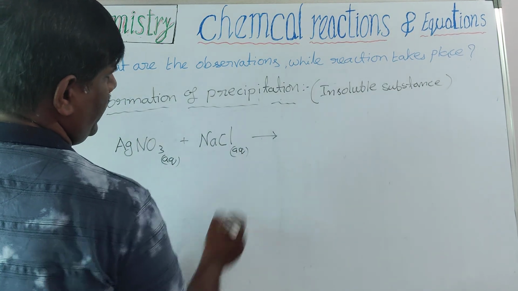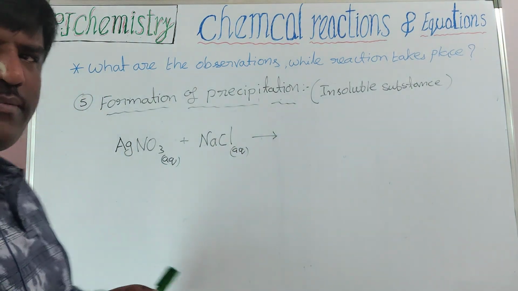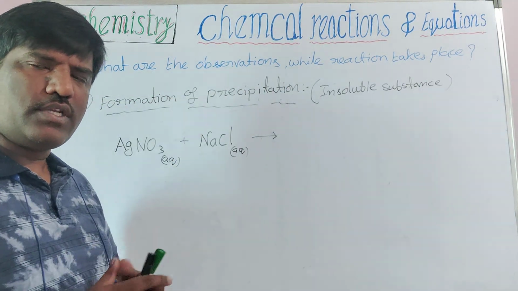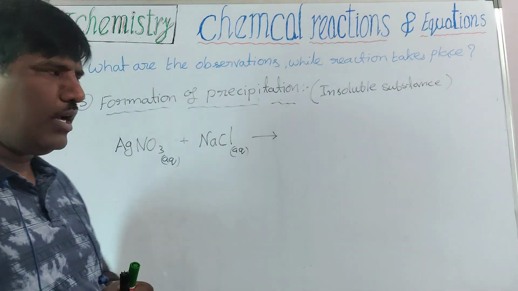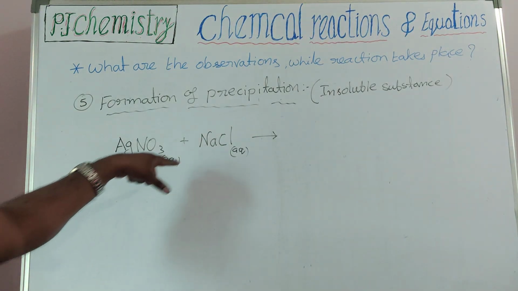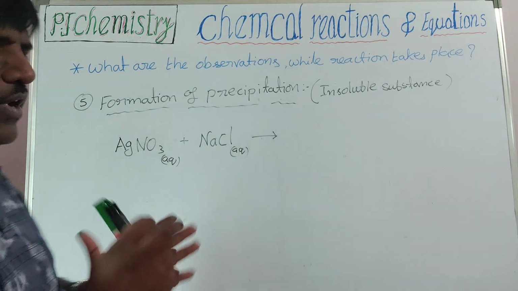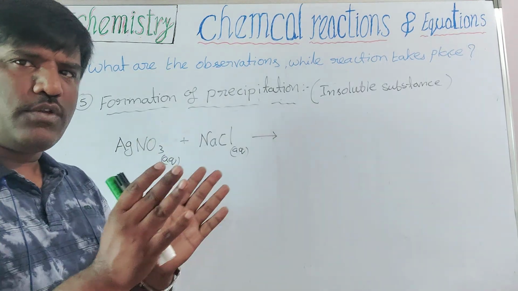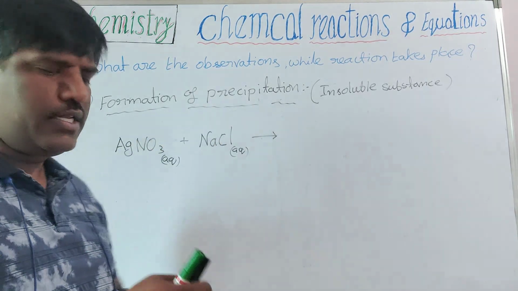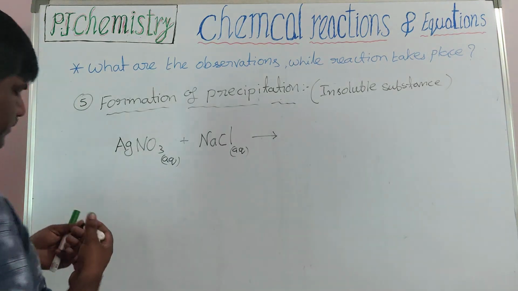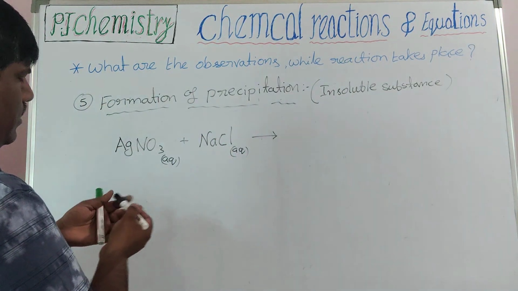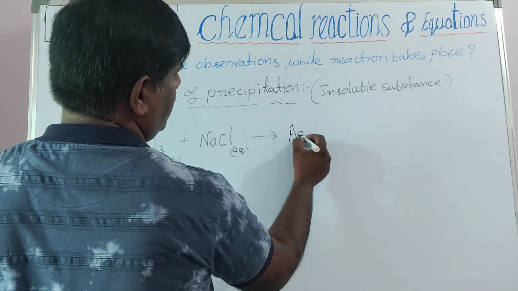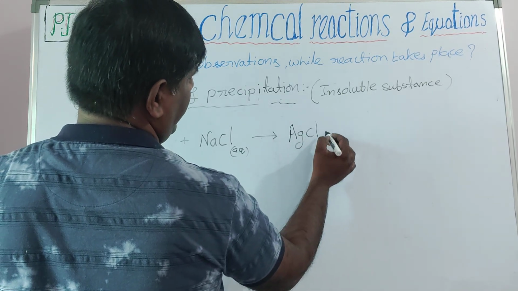Both are in aqueous medium. Aqueous medium means the salt, when we add it to water, that solution we call aqueous. Silver nitrate and sodium chloride in aqueous. Because in aqueous medium, these salts dissolve and split into ions, easy to exchange their ions and form new products. When both mix, it forms AgCl, silver chloride.